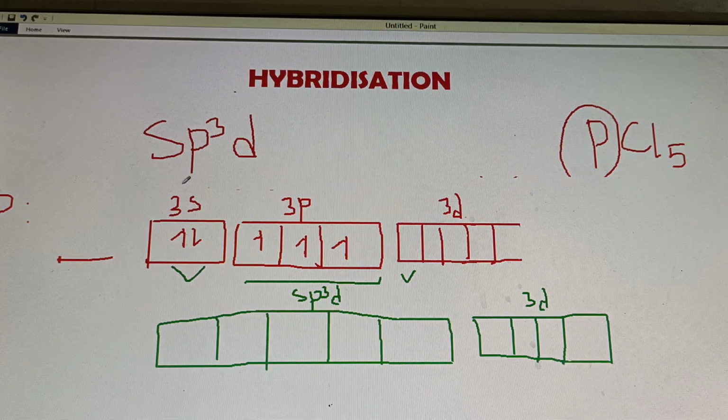How many electrons before hybridization? 2 plus 3, that is 5.